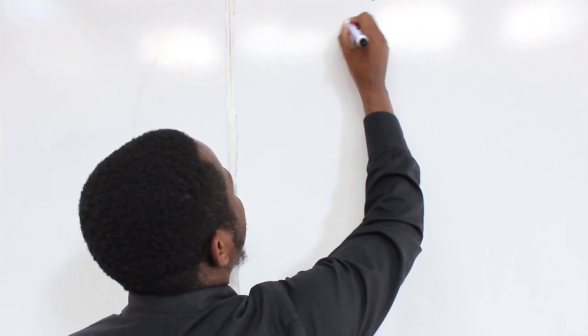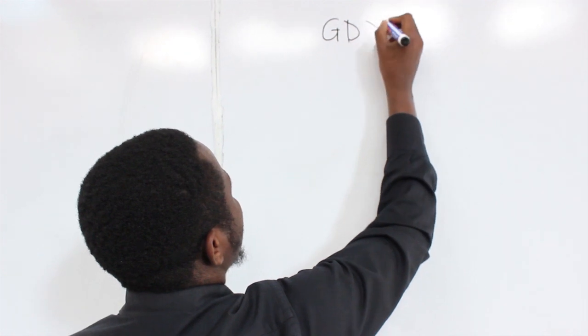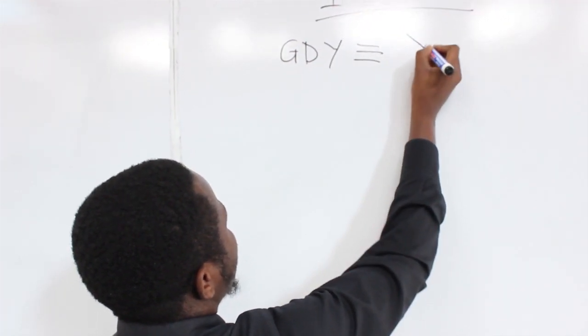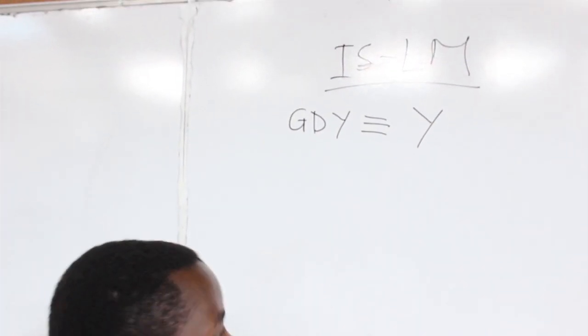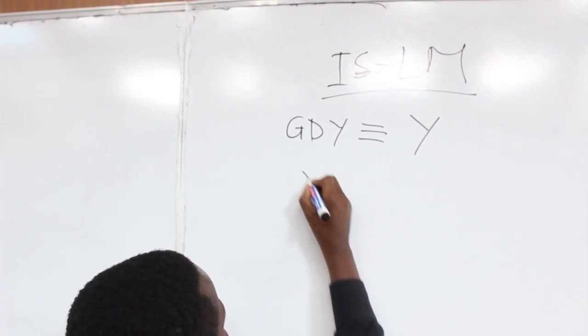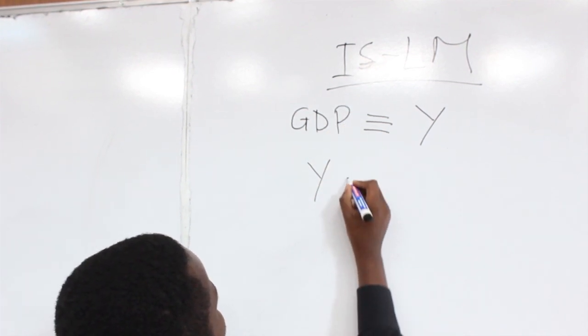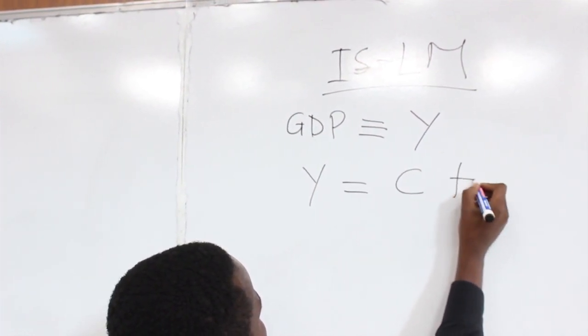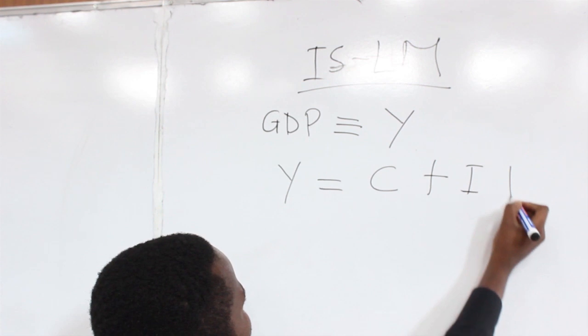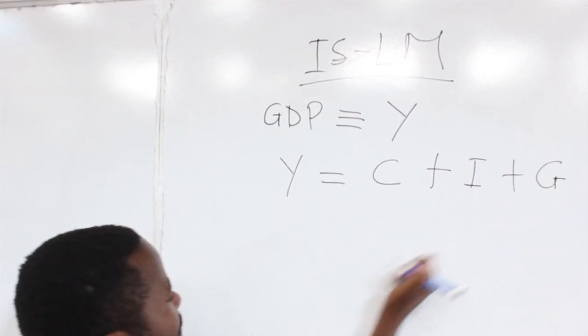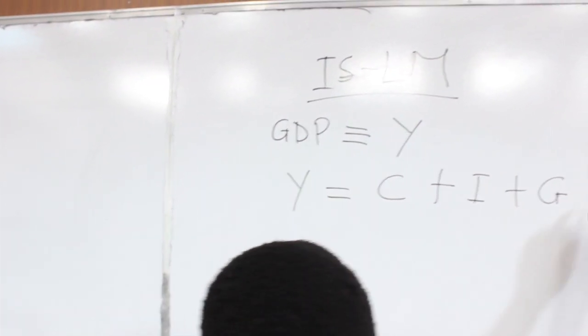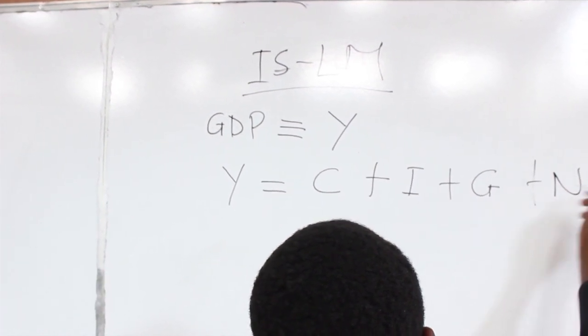So the total income or GDP shall be denoted using a Y, so that the total income, or the total GDP rather, is equal to C plus I plus G plus the net exports.